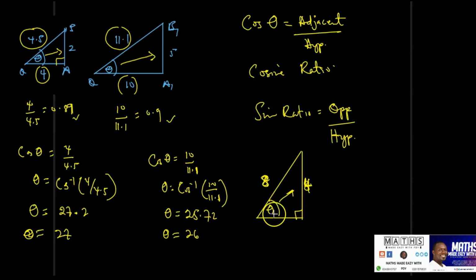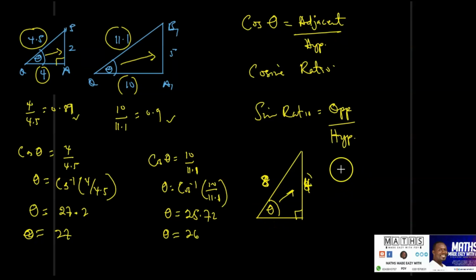So if I want to find theta, the angle in the triangle, and I know my opposite side, the 8 is automatically representing what side? The hypotenuse. Then which trig ratio should I have in mind to find the missing angle? The sine ratio.